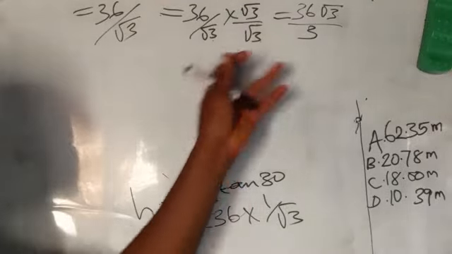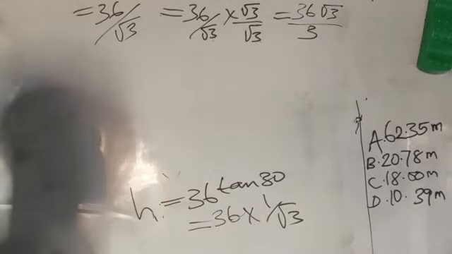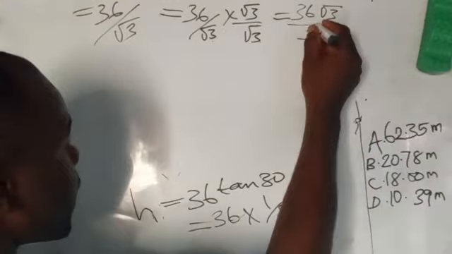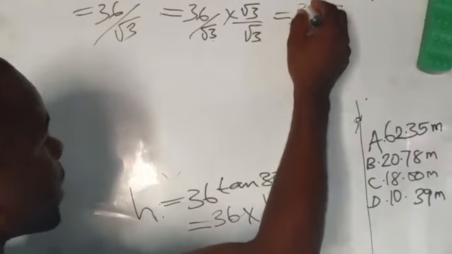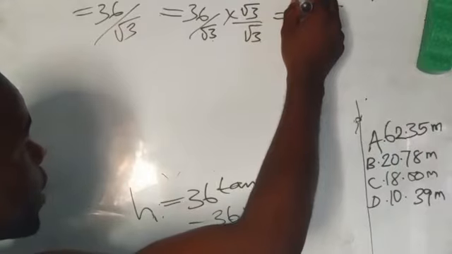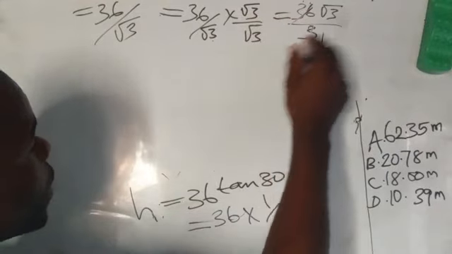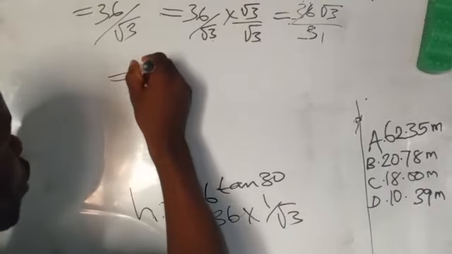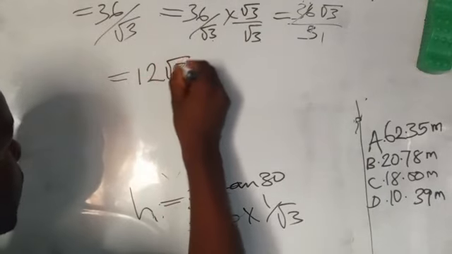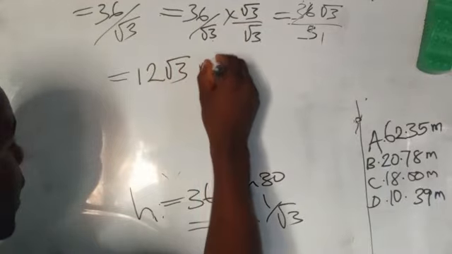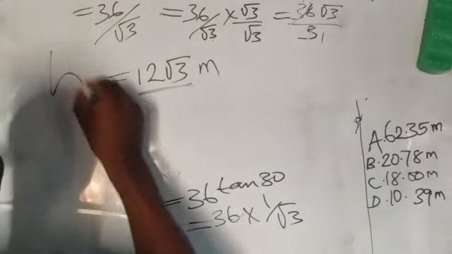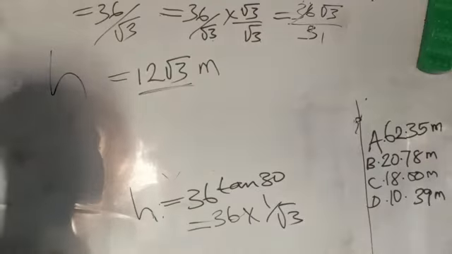Which is 3 times 3? 9. Root 9 is 3. So now 3 divides 36: 3 divided by 3 is 1, 3 divided by 6 is 2, which is 12. That will give you 12 root 3 meters. This becomes your answer. That is h is equal to 12 root 3 meters.